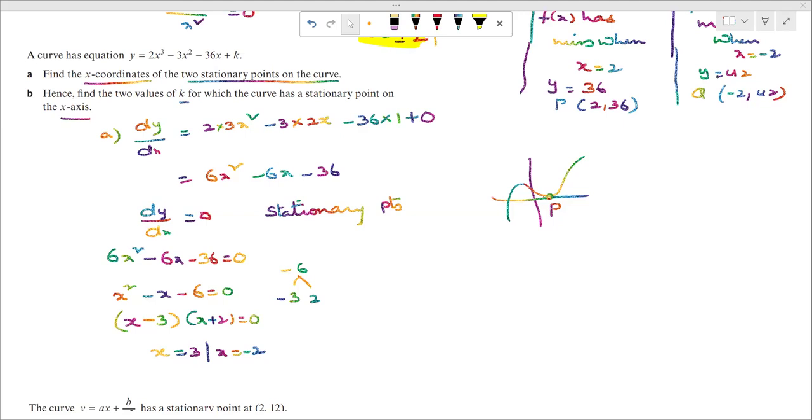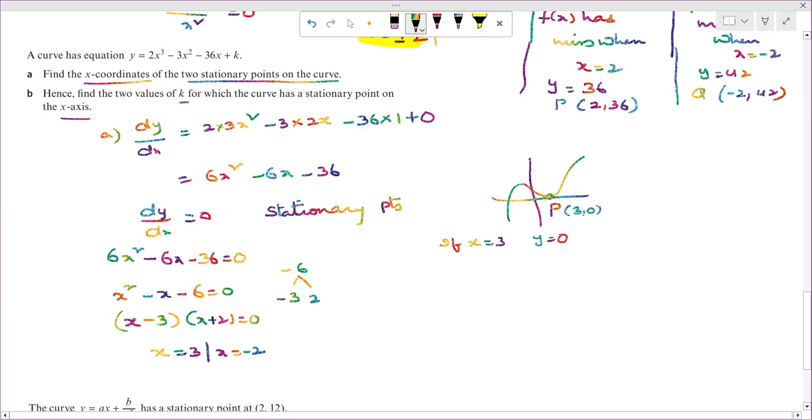Suppose x is equal to 3. If the point lies on the x-axis, the y coordinate will be 0. Let us assume the point is 3 comma 0. So if x equals 3, then y is equal to 0 and we'll find the k value.